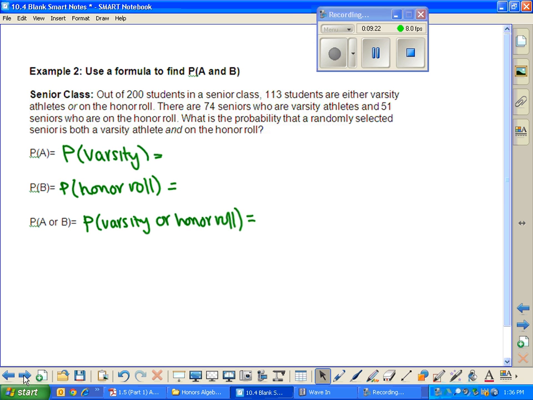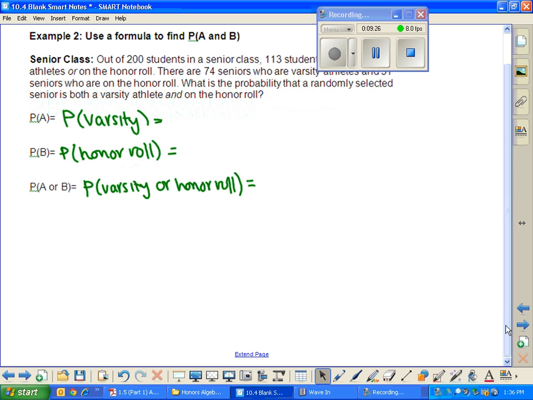Yeah, when it's both, and that is the overlapping. Yeah, so we're looking for the probability of A and B, or the probability of varsity and honor roll.